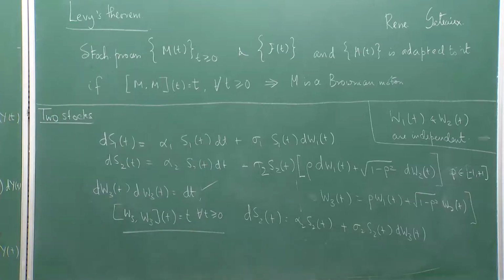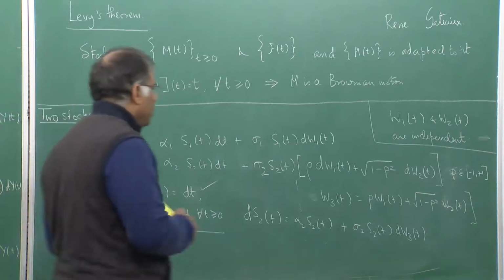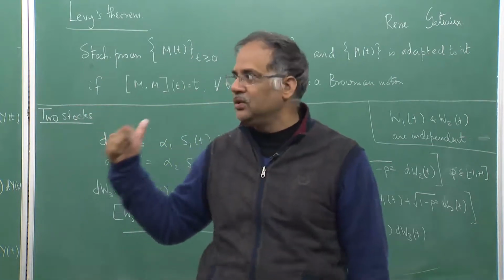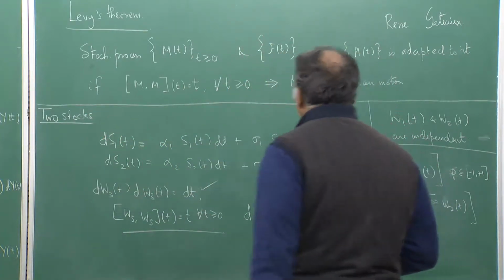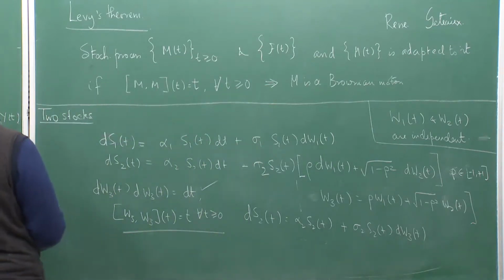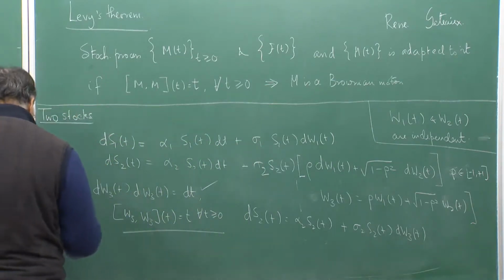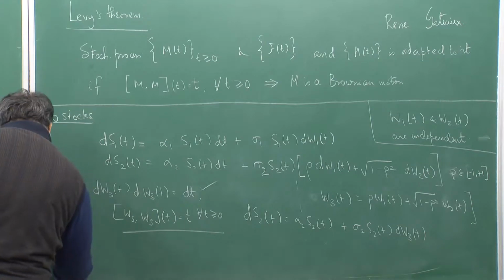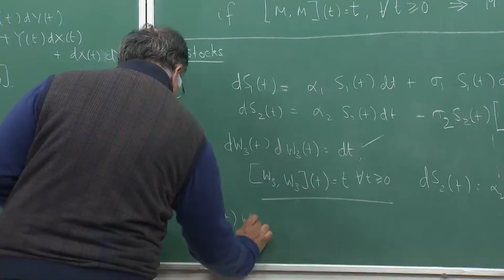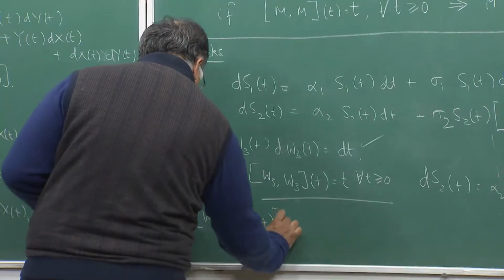Though their means are 0, covariance is expectation of XY minus EX into EY, and you can show, though I am not going to calculate it, that the expectation of W1t into W3t is actually equal to rho t.